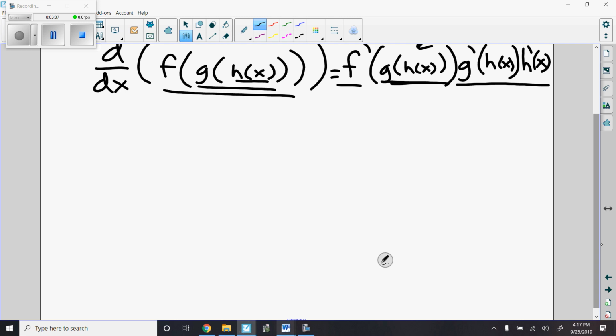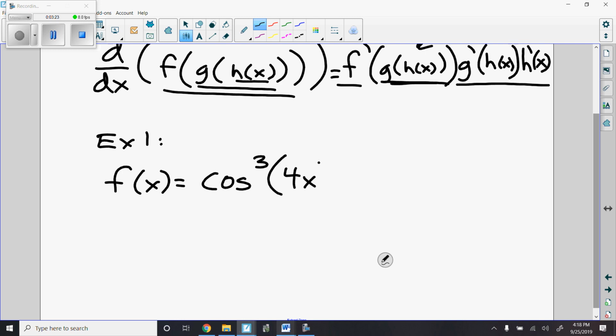So let's say we have a function f of x, and f of x equals cosine cubed of 4x squared. Find f prime of x.